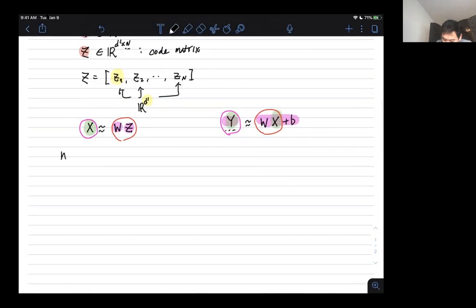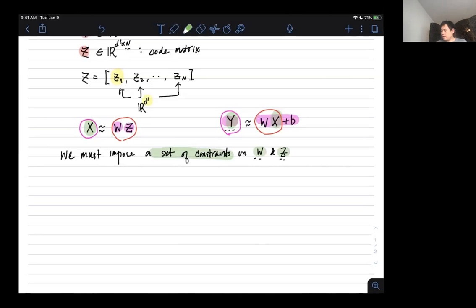That is, we must impose a set of constraints on W and Z. Why only on W and Z? Because X is given, so we do not touch X ourselves.